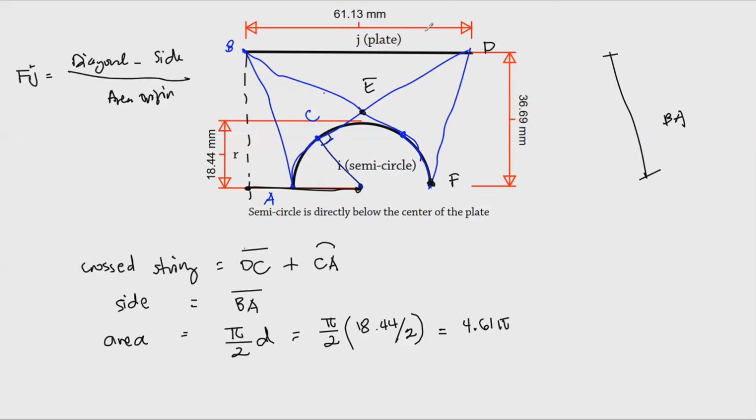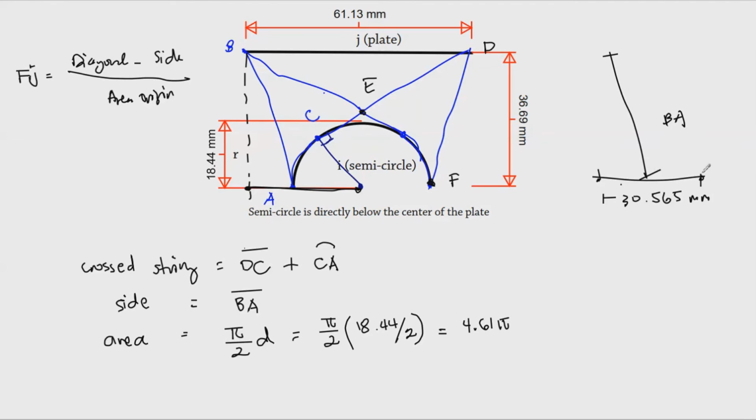So now if we project that line through this figure, we could see that this is the distance from this point going to the center of the circle, and that's half of 61.13, so that's 30.565 mm.